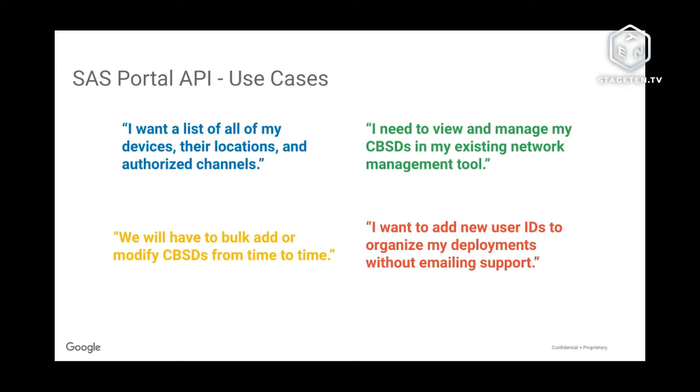This is another reason we provide the API: any information that you see in the SAS portal is available through the SAS Portal API. The SAS portal is just a user interface that we've built in front of this API. You're welcome to build your own user interfaces in front of the API as well.